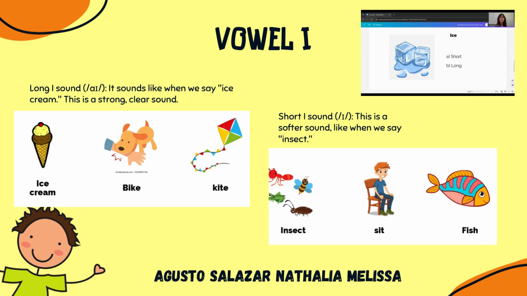How does the I sound in ice? The correct answer is long sound. Why? Because in ice, the letter I has a long sound, just like in the words line or slide. This sound is clear and lasts a little longer.